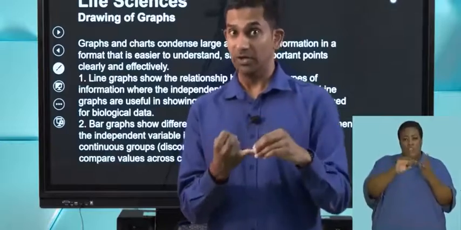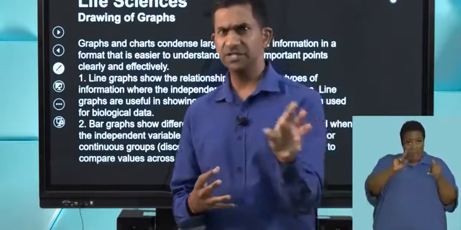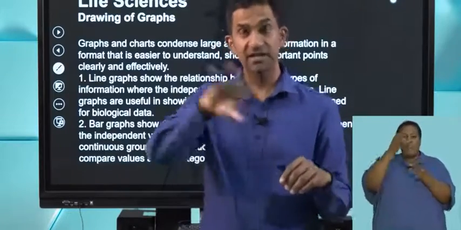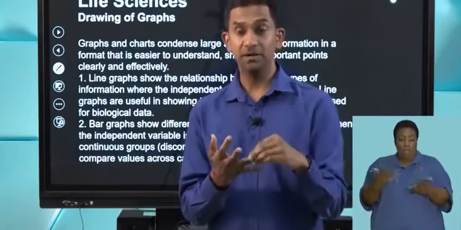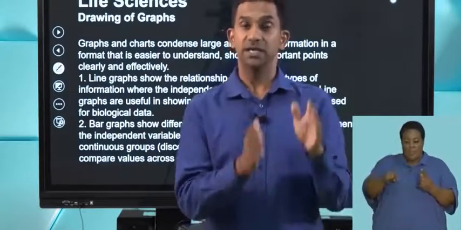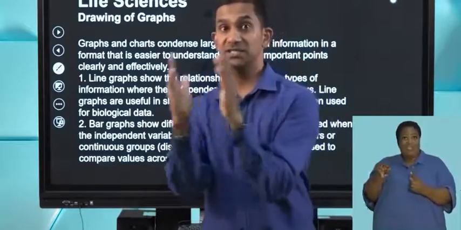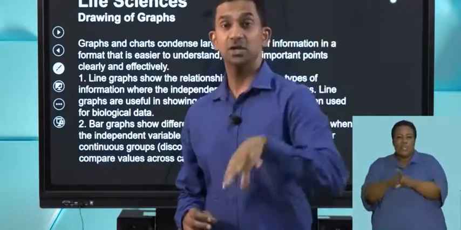We know what line graphs are, and line graphs tend to show how information is shared on a continuous basis. We also know that there are bar graphs, and bar graphs tend to be used for information that is non-consistent but can be illustrated, showing you the change.